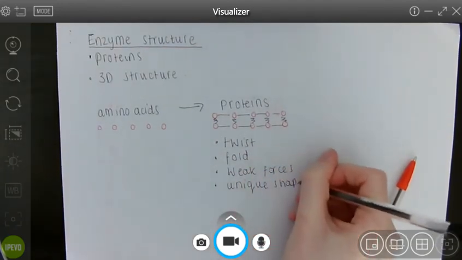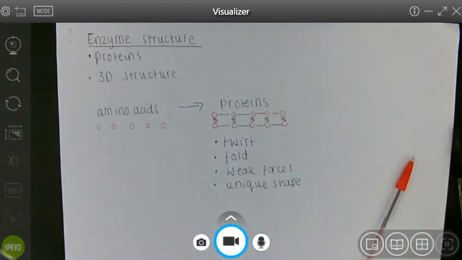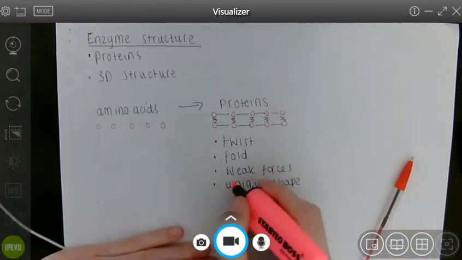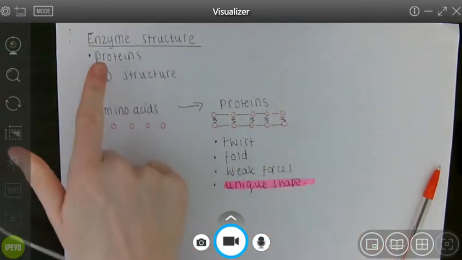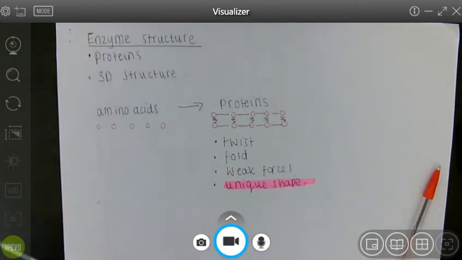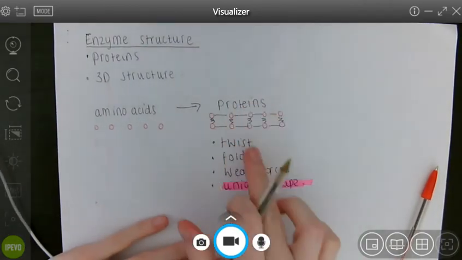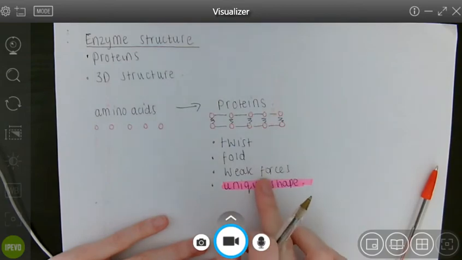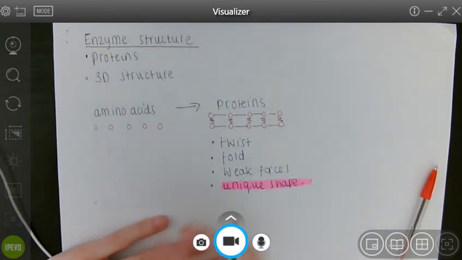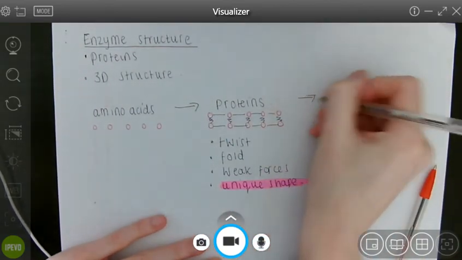This unique shape is really, really important because it means that we can only bind to one particular substrate, which we know from previous lessons, enzymes are specific to one substrate only. So when we've got these long chains of proteins, multiple of them, twisting, folding, forming weak forces in between them to create this unique shape, we then form our enzyme.